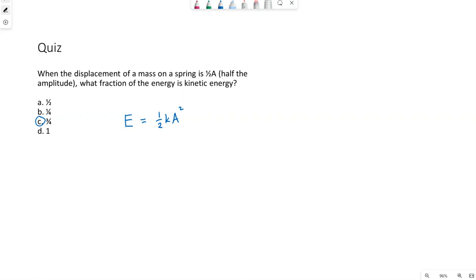So we can write that as 1/2 kA squared because A, the amplitude, is the maximum displacement. There's moments in time when the energy is maximally kinetic. Everywhere else in between, it is a mixture of kinetic and potential. So we're essentially saying we have a portion that's kinetic energy and a portion that's potential energy.